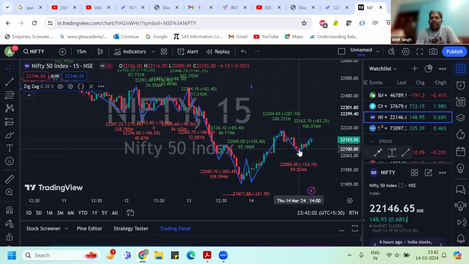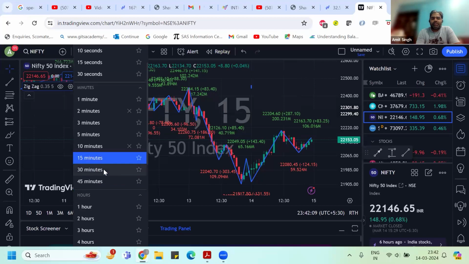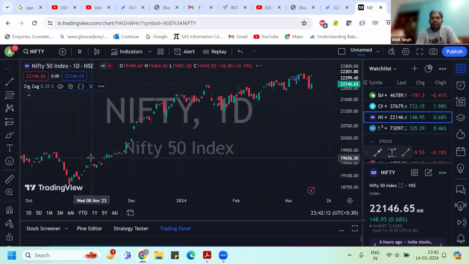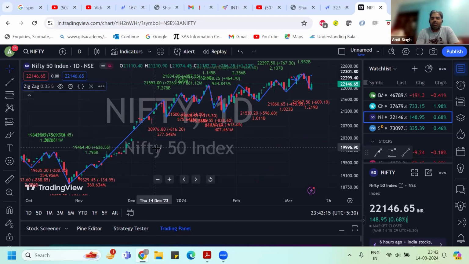Now for analyzing the Nifty, since this is a 15-minute chart, let me make this a 1 day chart. Once I have made this a 1 day chart, now you can see a very strong uptrend was there in Nifty, which started on November 10 and continued till 20 December.